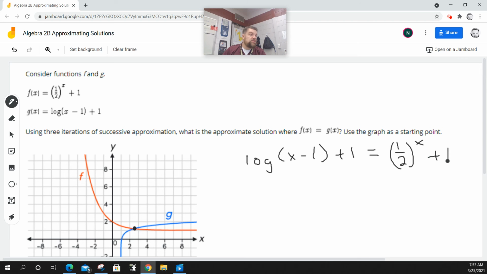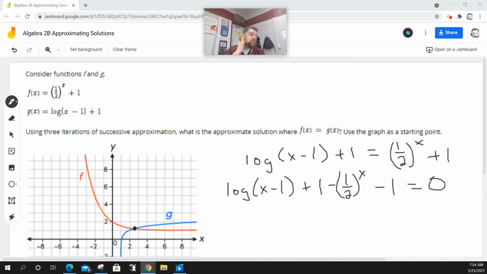And then what I need to do is set them both equal to 0. So that's easy. I'm just going to subtract all this stuff on the right-hand side. So I've got log of x minus 1 plus 1 minus 1/2 raised to the x minus another 1 equals 0.